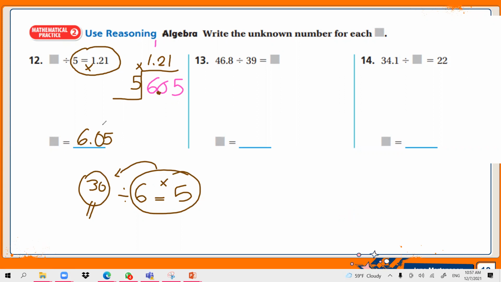Okay, now I will choose. Who wants to answer now? Number 14. Yes, Hunada. Yalla Hunada. See here.